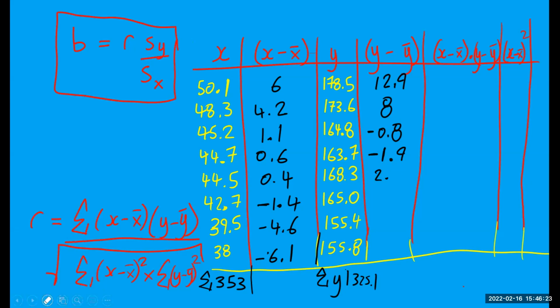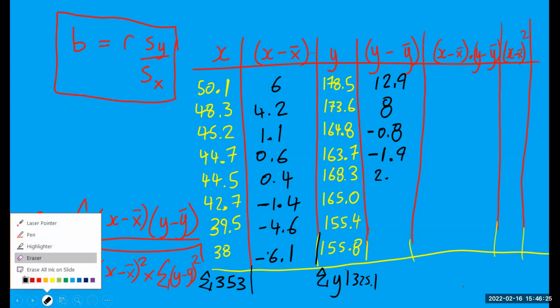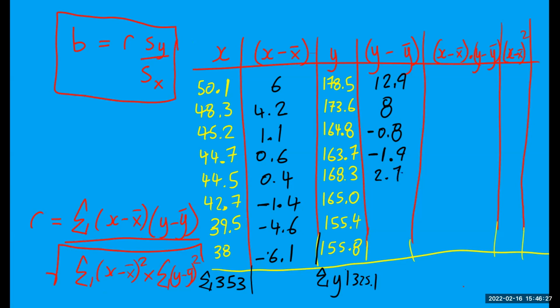Next one is negative 0.6, right? Yes, sir. 155.4 gives negative 10.2. And this one is negative 9.8, right? Yes, sir.